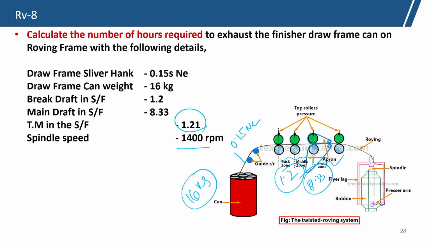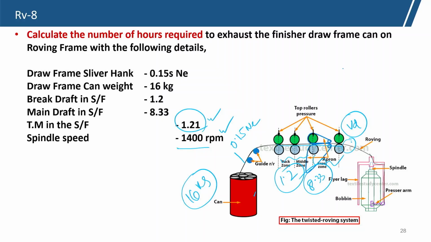Now, these are the data given. We have to calculate the number of hours required to get it exhausted. So, basic thing is that we must know the delivery speed. How do you know? If we know the twist and spindle speed, from twist multiplier we can calculate the twist per inch, and then from the spindle speed we can calculate the delivery speed, and then we know the draft.